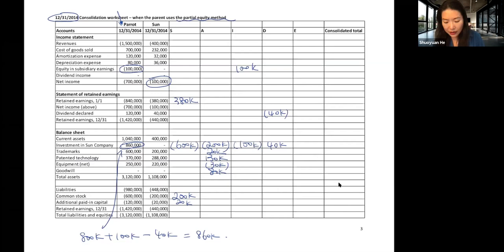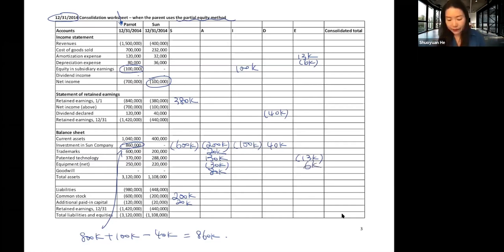Specifically, we recognize depreciation and amortization expense of 13,000, and this is associated with the patented technology. We also recognize depreciation expense, so this will decrease our depreciation expense by 6,000, and this is associated with our equipment.